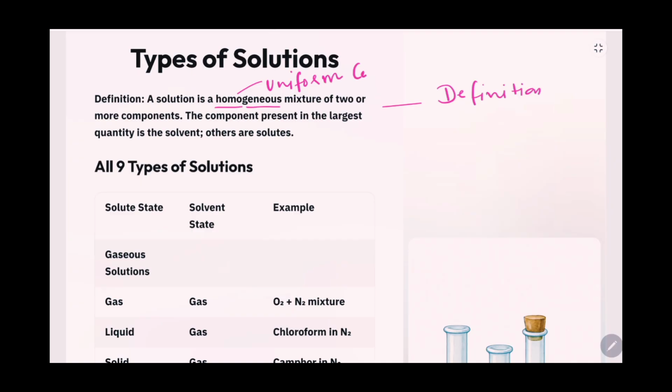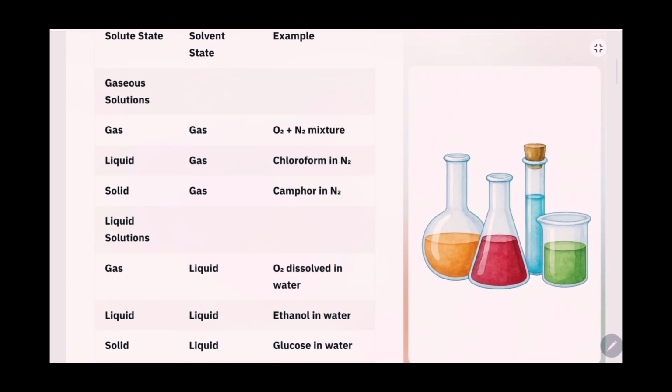As in the example of that beaker full of solution: if I take this red colored solution and somebody takes this part B and somebody takes this part C, then the properties of sample B and sample C should be the same, physically and chemically.